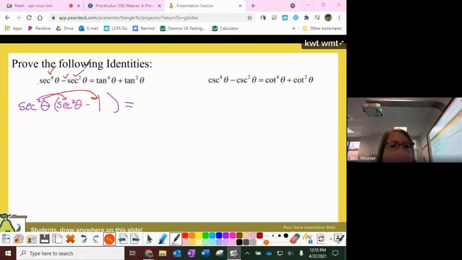I've got lots of expressions with secant squared, and I want to end up with tangents. Since they're all squared now, that makes me consider my Pythagorean identities. If I go find my Pythagorean identity with secant squared in it, it's the one that says tangent squared theta plus 1 equals secant squared theta.